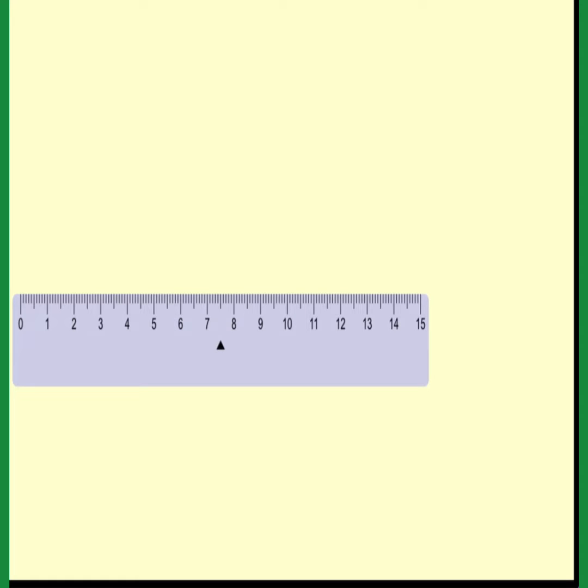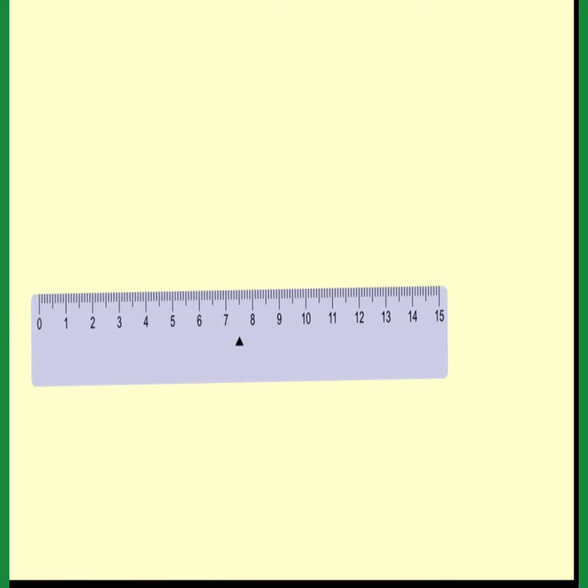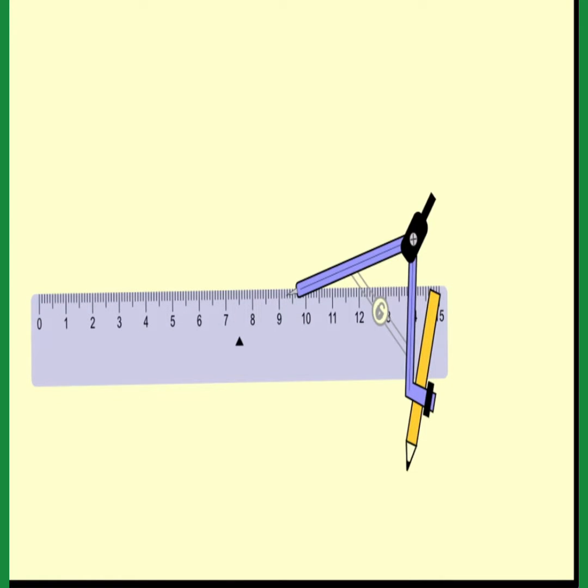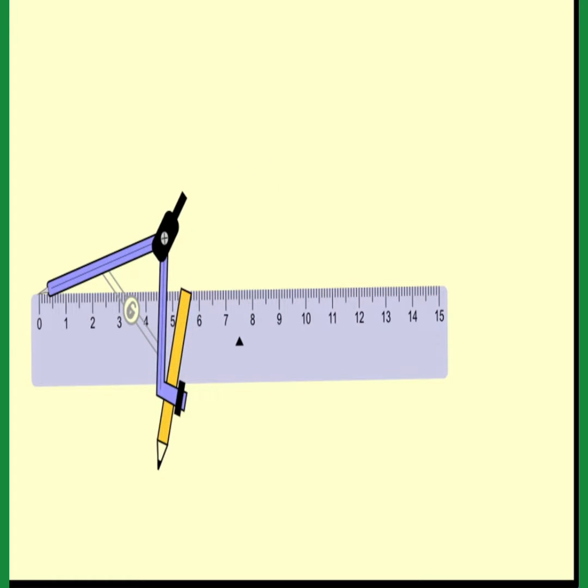So let us see. Friends, first of all we will take a ruler, as you can see just now on the screen, and according to the question you will draw a circle with radius 6 centimeter. So again you will take the compass and measure the distance 6 centimeter from the starting.